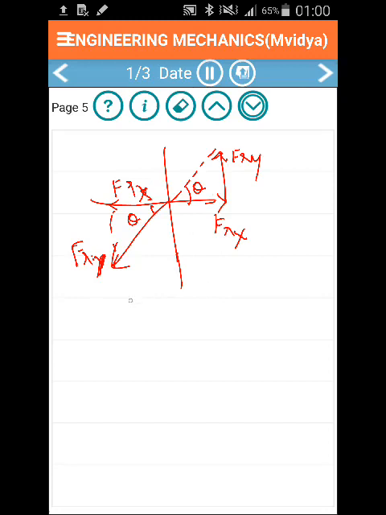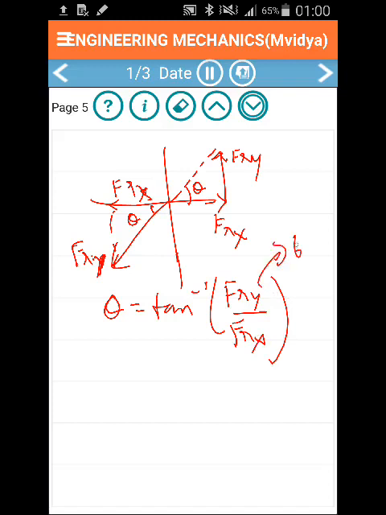If both are negative, θ equals tan inverse FRy upon FRx.